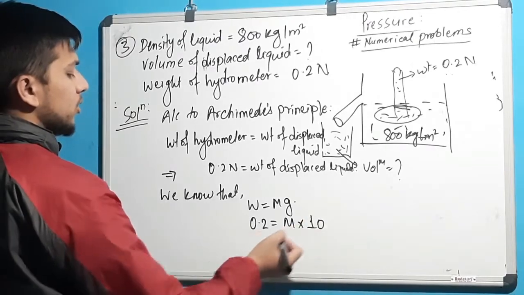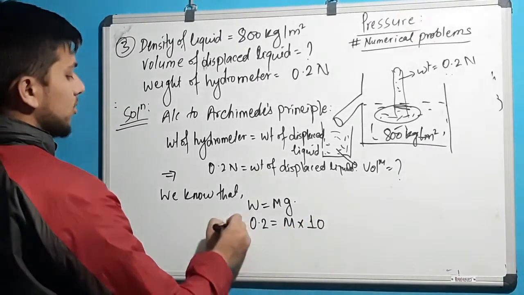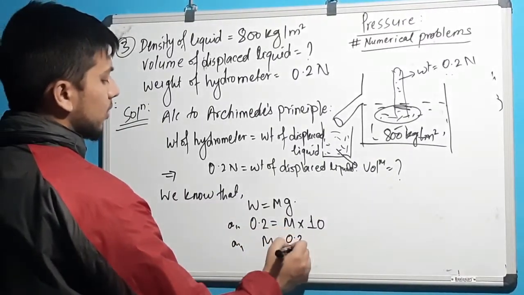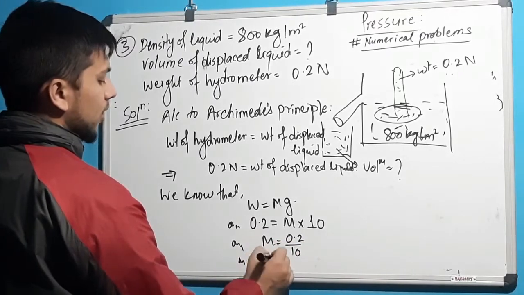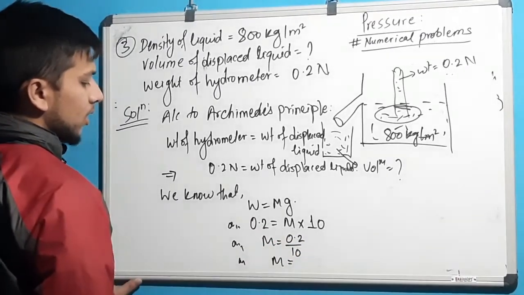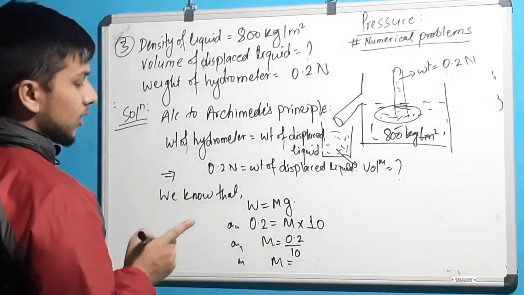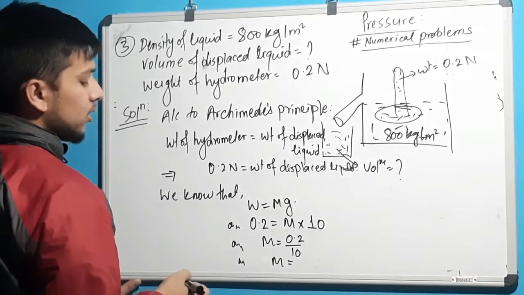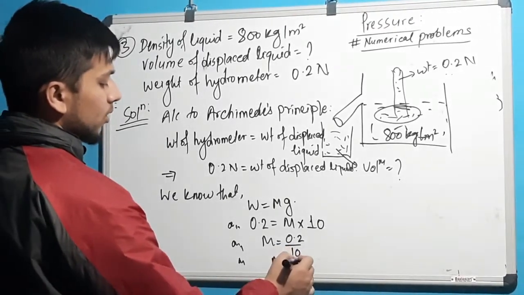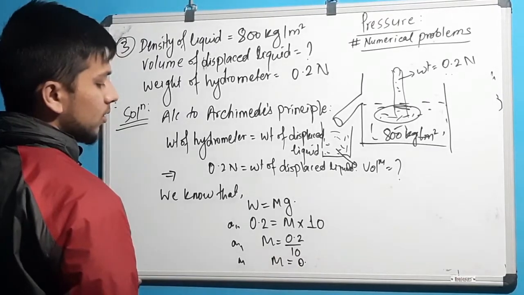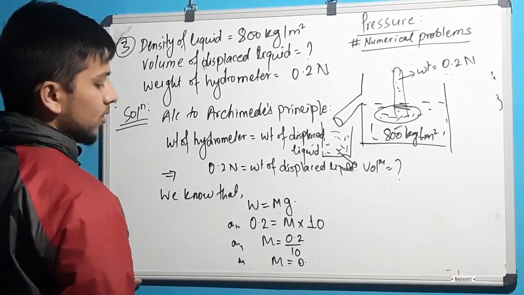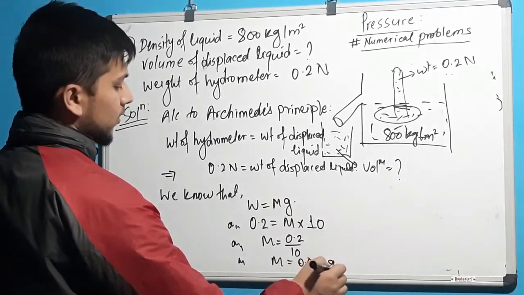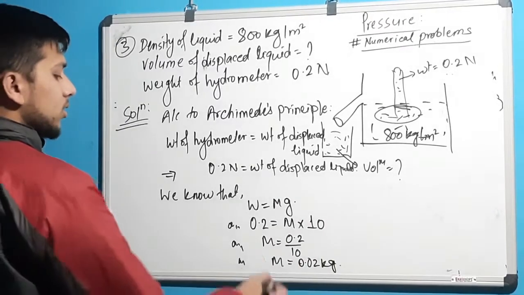Then mass equal to how much? M equal to 0.2 upon 10. We are taking meter per second square. Meter is an SI unit, so we have to take mass also in kg. This is 0.02 kg. And this is the mass.